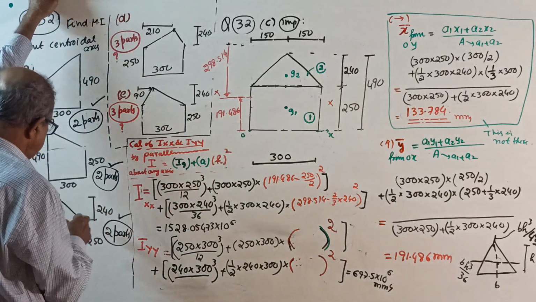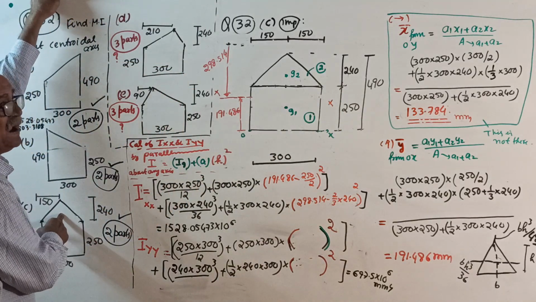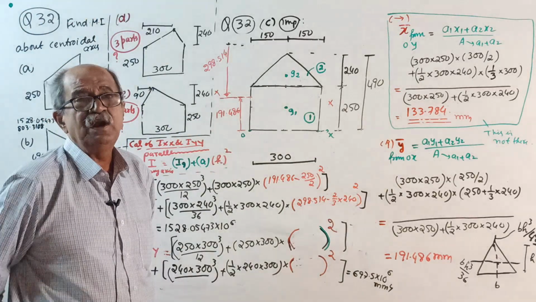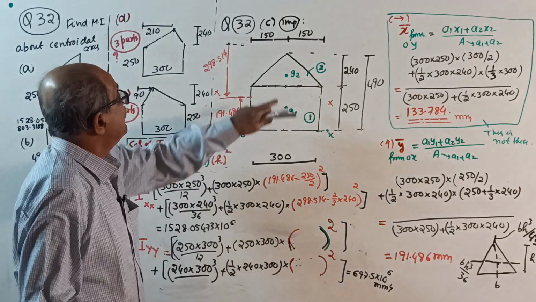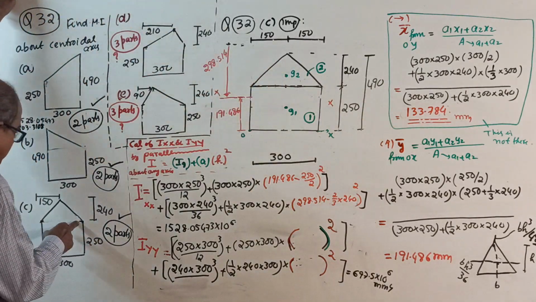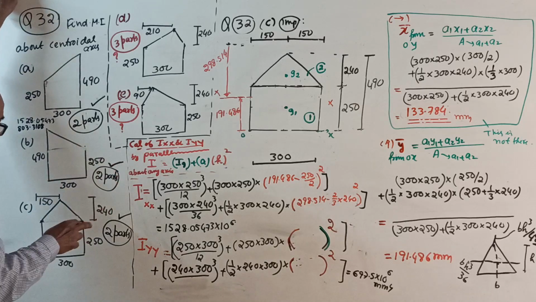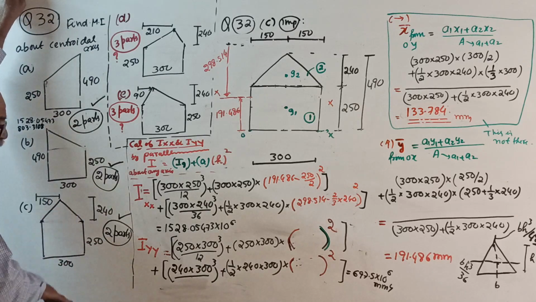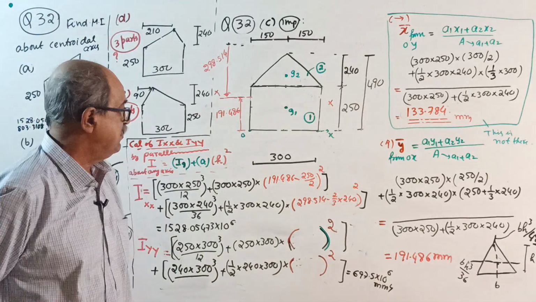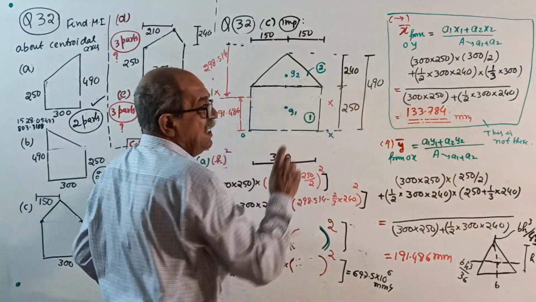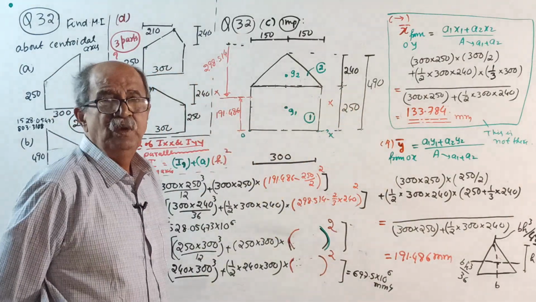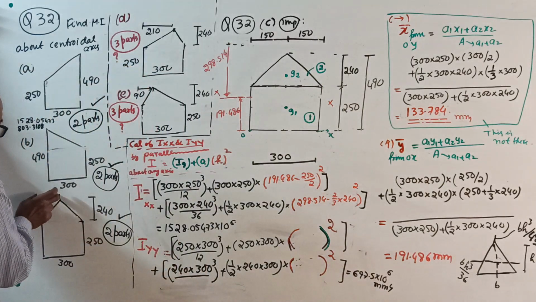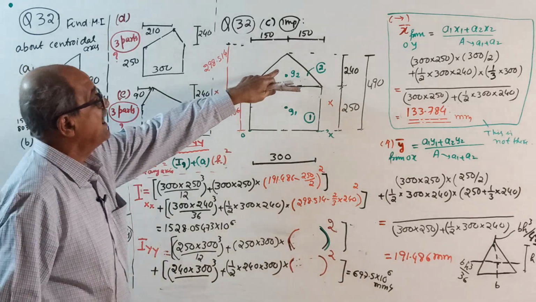Again I told you, the triangle is not a right angle triangle. Earlier, on the upper side you got a right angle triangle. But this time, write a note here. If I divide into 2 parts, the lower side gives a rectangle of 300 by 250. The upper side gives a triangle with 150, 150, which means it is an isosceles triangle.